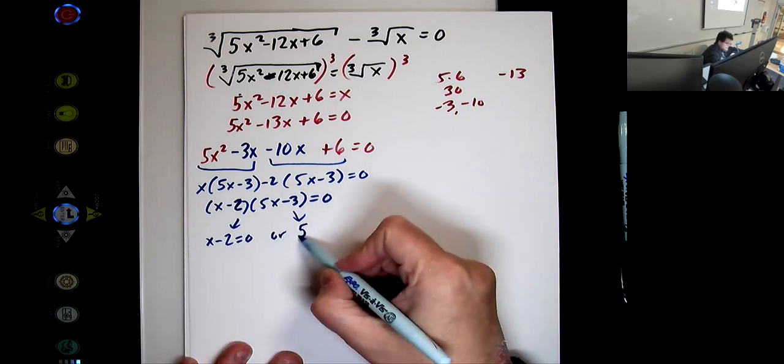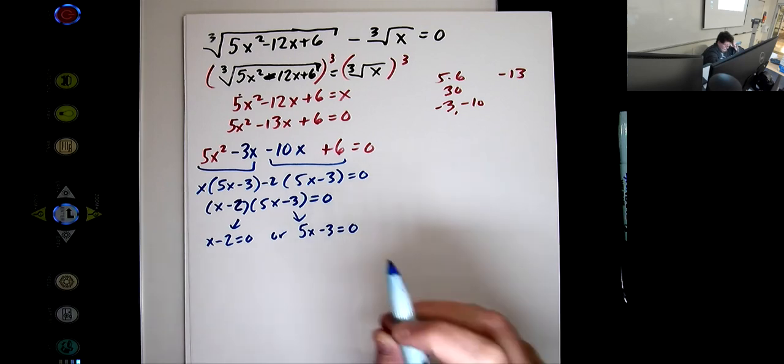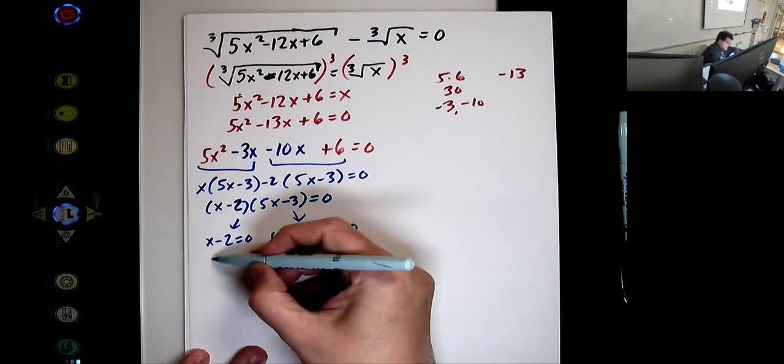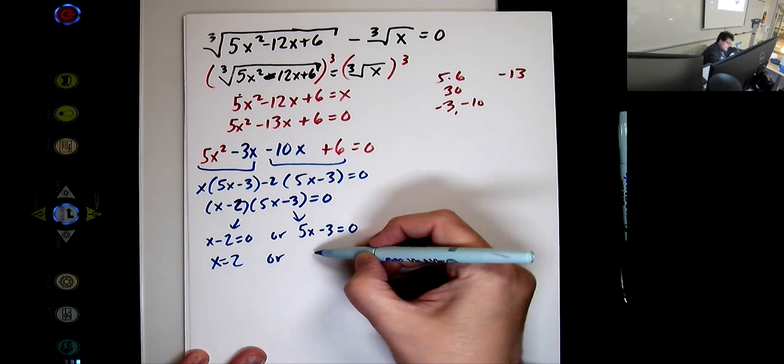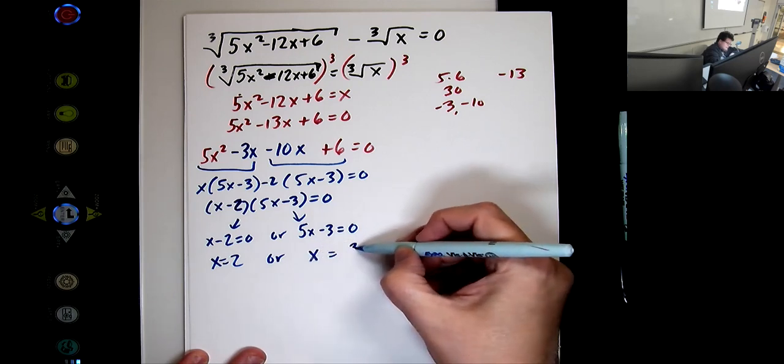And we set each of these equal to 0, and we get x equals 2 or x equals 3/5.